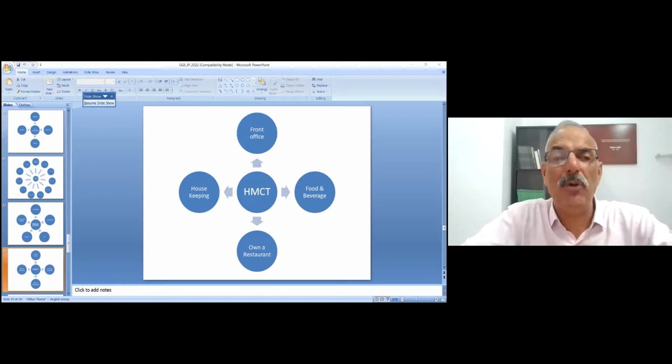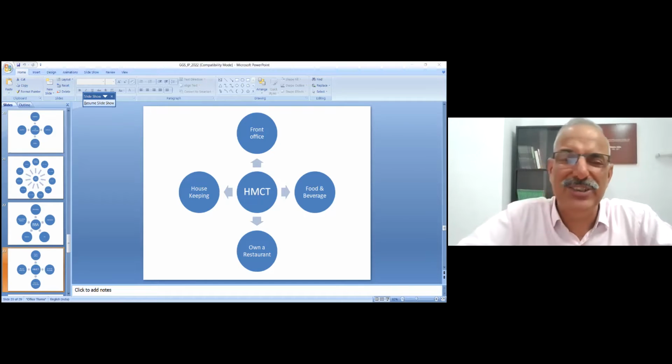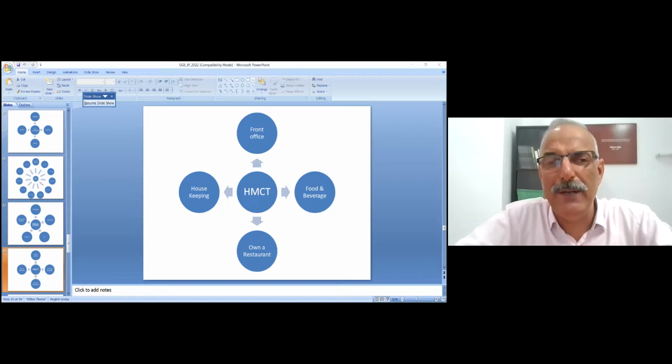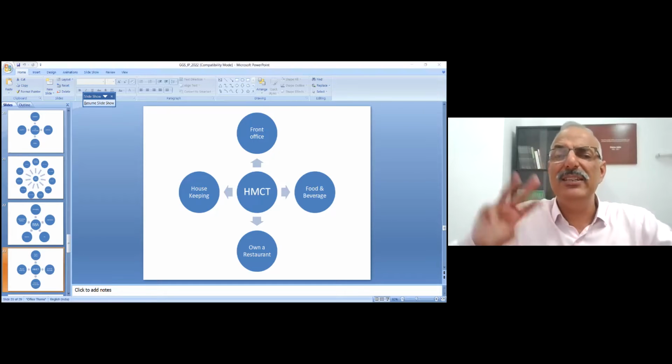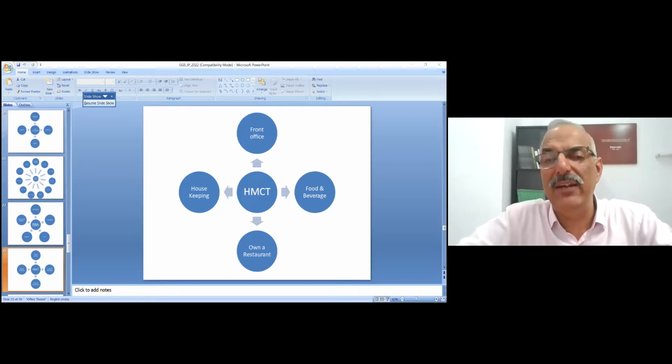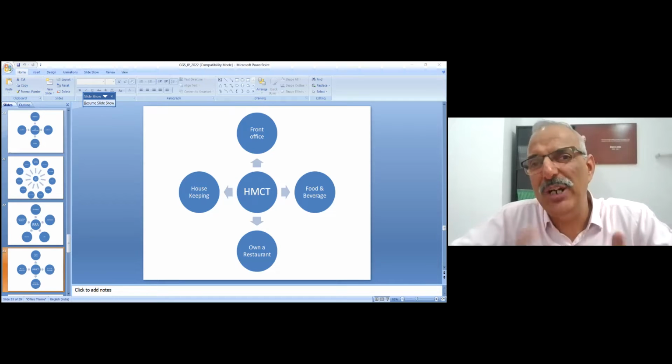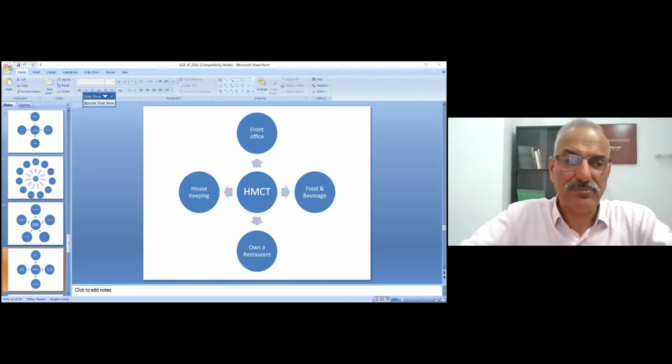Yes, that's an important area because all of us work for our stomach. So traditionally we say that there are 3 areas in which you can have a job in hotel management: housekeeping, front office, food and beverage. Also, you can become an entrepreneur and you can easily own a restaurant if you are a hotel management graduate.